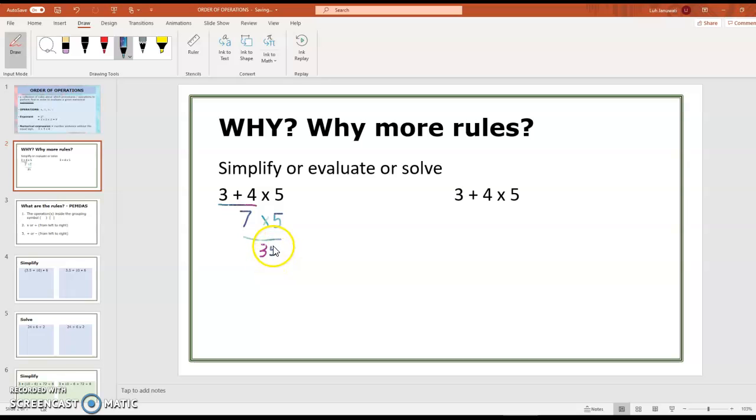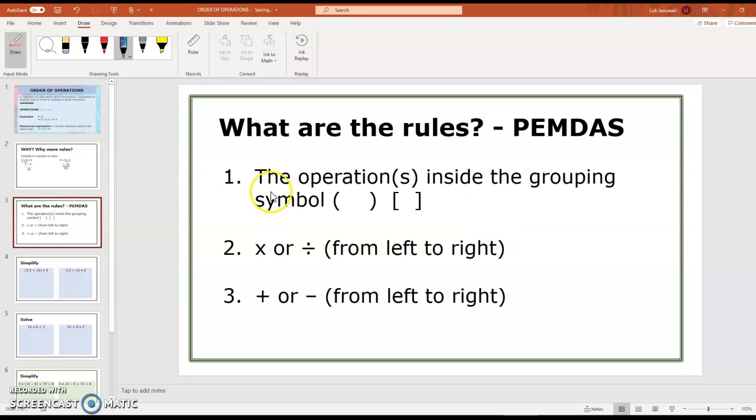Well, another person might say, I like multiplication first, so I'm going to do multiplication first. 4 times 5 is 20, plus 3 is 23. Who's right and who's wrong? Because we got 2 different answers.